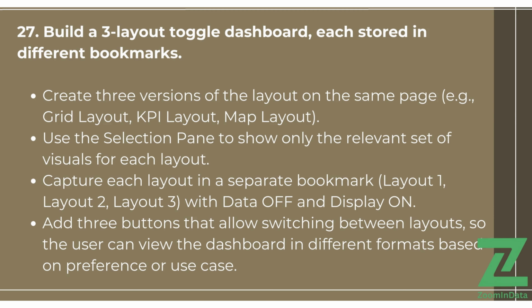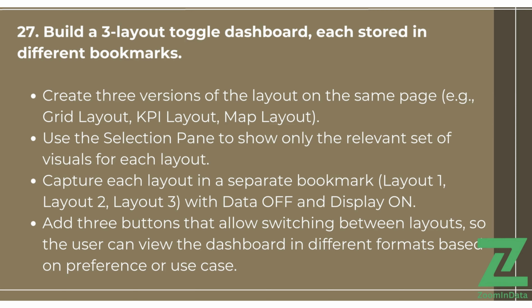27th question. Build a 3-layout toggle dashboard, each stored in different bookmarks. Create 3 versions of the layout on the same page, e.g., grid layout, KPI layout, map layout. Use the selection pane to show only the relevant set of visuals for each layout.